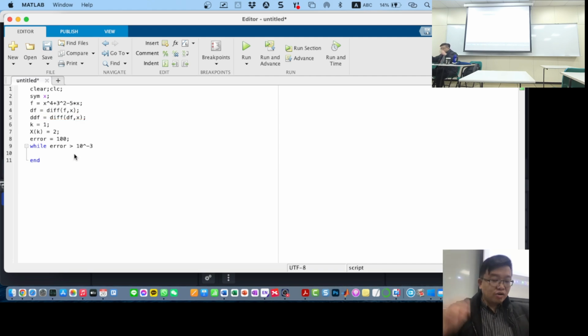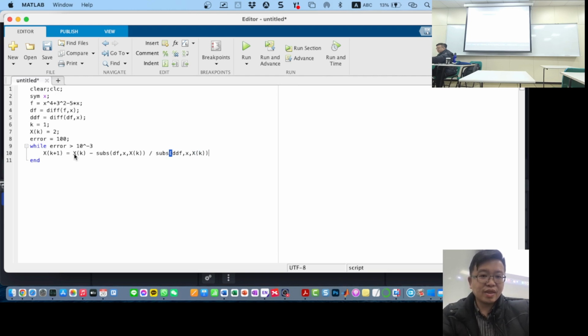Okay, so in the while loop, I will be solving for x of k plus 1 equals x of k minus df substituted using my current x, over ddf substituted with the function value at xk.